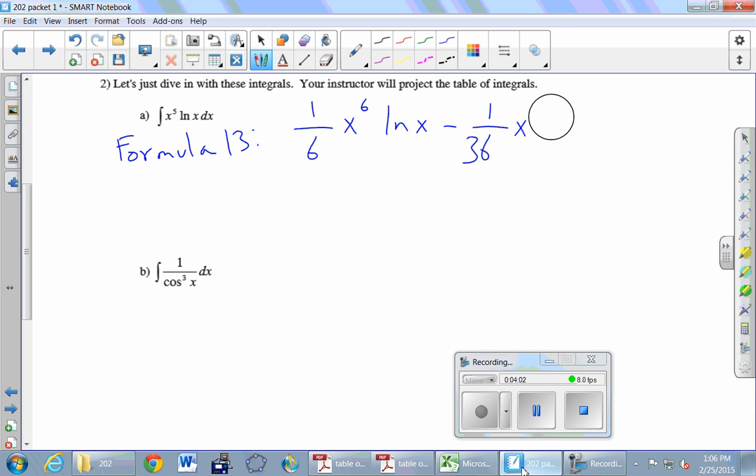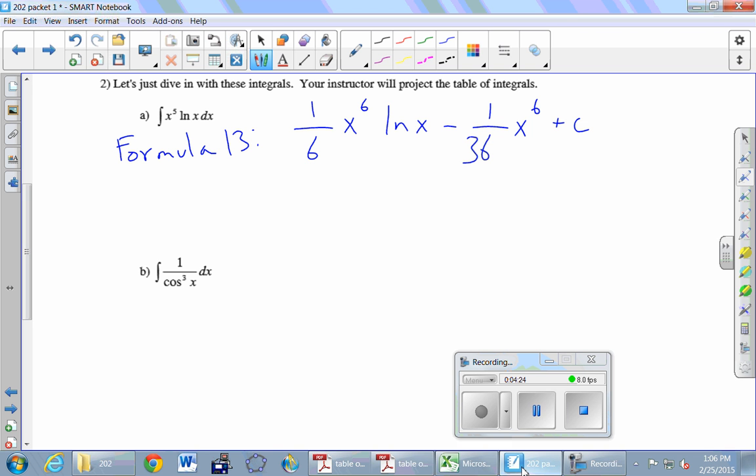The last one should be x to the 6th. Okay. Any questions on how to use that formula? All right, they'll get harder than this for us today, but pretty straightforward, right? If the formula happens to just match one of the things in your table, then you just plug and chug and you're done.